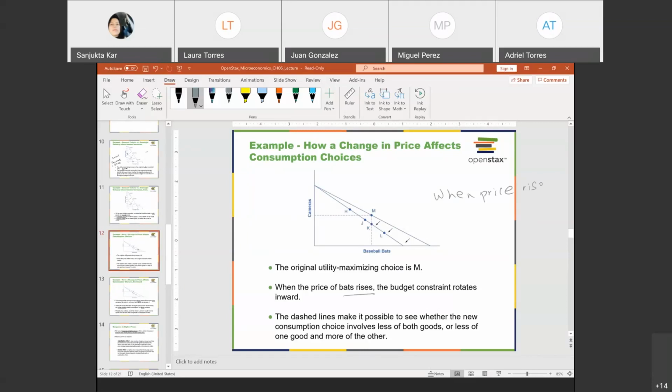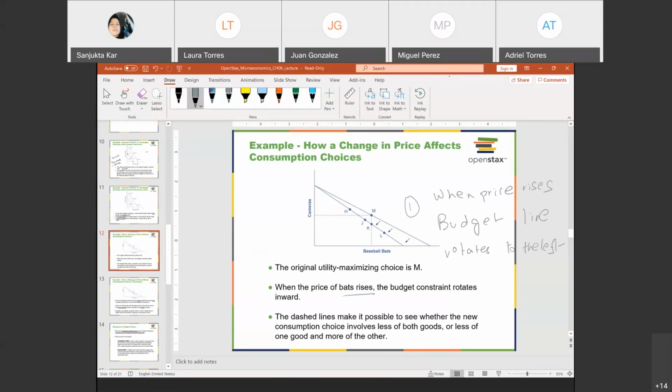When price rises, this budget line, yes, these are recorded, this rotates to the left. I know I'm just going a little bit fast.